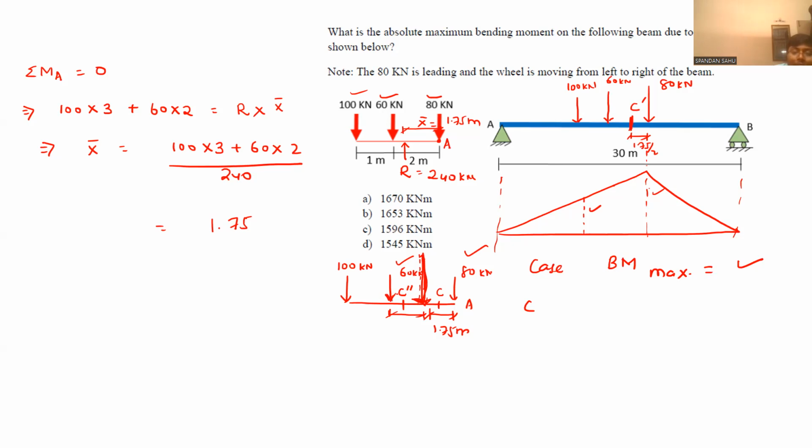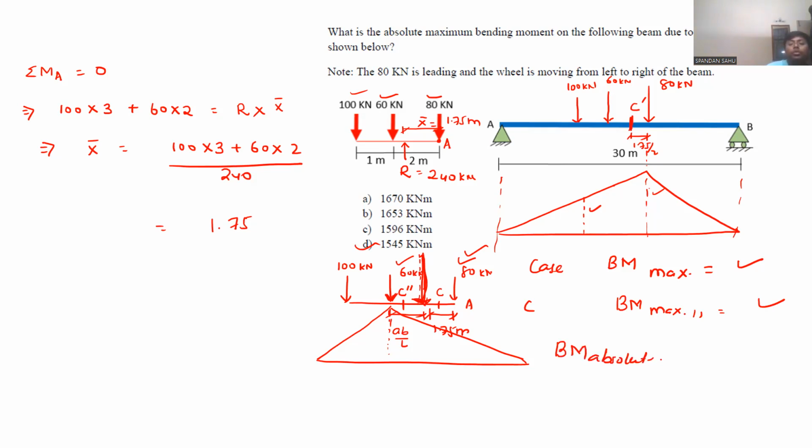Taking this 60 kilonewton as your base point, draw the ILD such that the maximum ordinate of the ILD will be under 60 kilonewton, and you will get this y coordinate. This will be ab by L, and correspondingly you determine the ordinates of 100 kilonewton and 80 kilonewton and calculate M max 2. Now your absolute bending moment will be the maximum of these two.